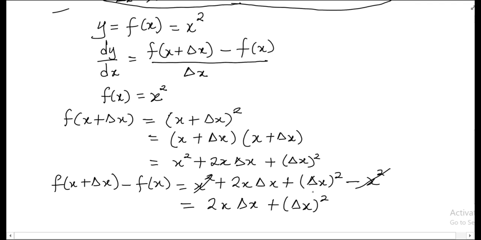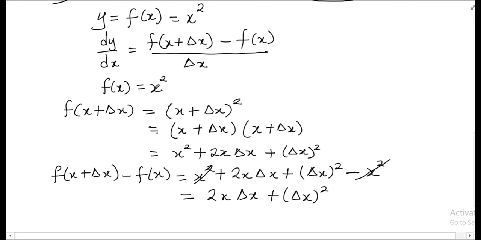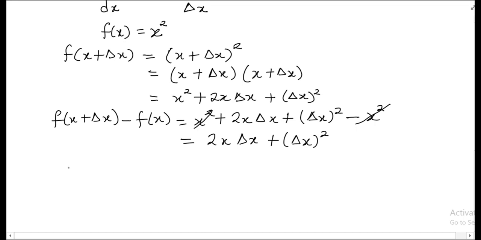Okay, so now the next phase is dividing by dx. You divide the expression by dx. We are through with the numerator, which is f(x + dx) minus f(x), and you divide the numerator by dx. So this gives us f(x + dx) minus f(x) all over dx.